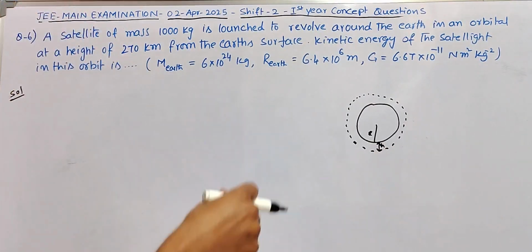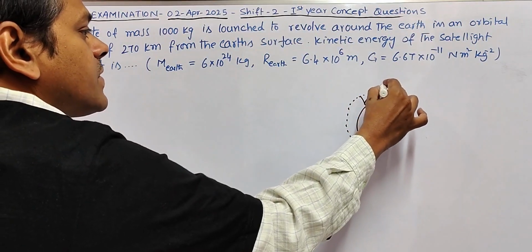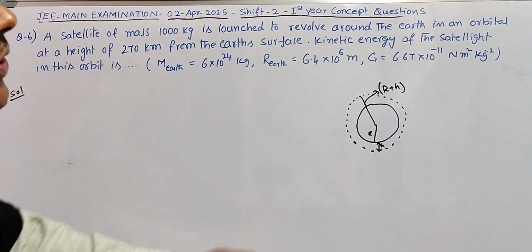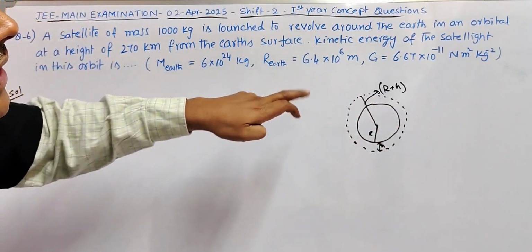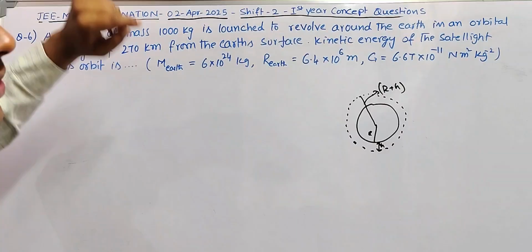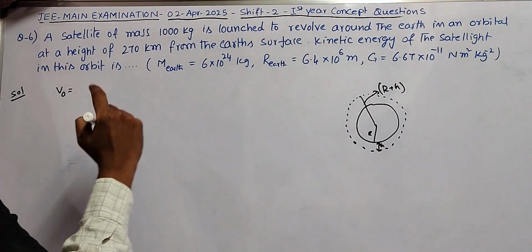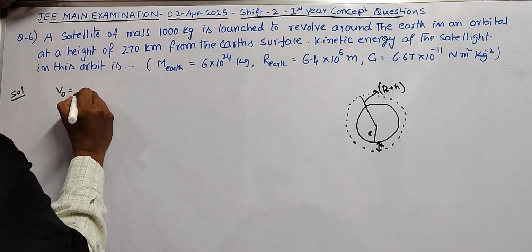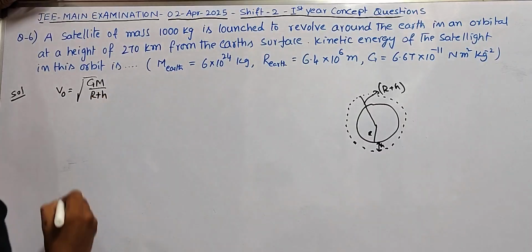So the total height of the satellite with respect to the center of mass is R plus h. You know very well the required orbital velocity is provided by the centripetal force, that means the gravitational force. So the velocity of the revolving satellite around the Earth in its orbit, v0, is equal to root of GM by R plus h.